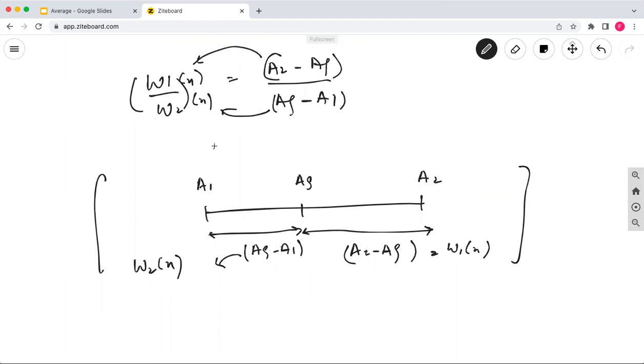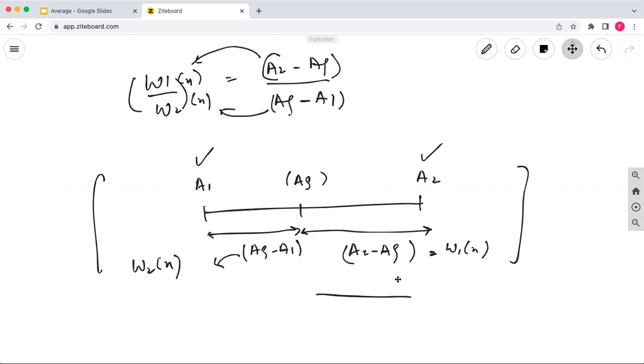Now just consider the old example. This is the average of one group, which is smaller. This is the average of the other group, and the overall average is somewhere lying between. And what will be this thing? That will be this average minus this average, and this thing will be AG minus A1. Okay, so consider the last example which we did earlier.